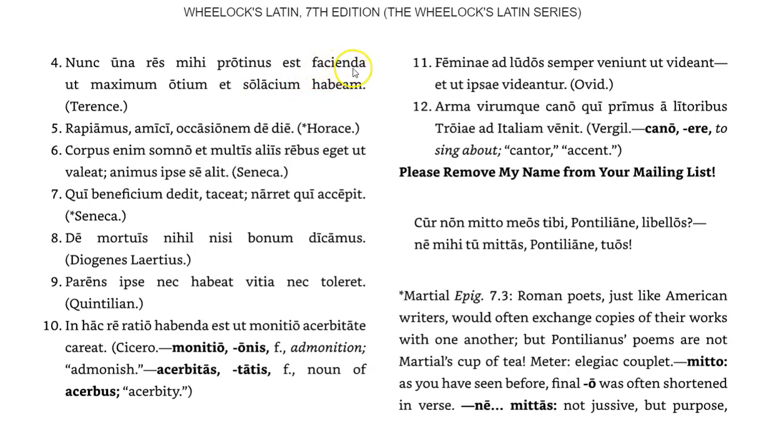Rhetore facienda is the gerundive, which we had earlier in the semester, and so that's going to be tricky. Habeam, we need to recognize that this is the verb in the subjunctive, and then we have just some vocabulary that may be less familiar, like protinus is an adverb meaning immediately. But then we have the ut, which is one of the grammar elements in this chapter, indicating a purpose clause.